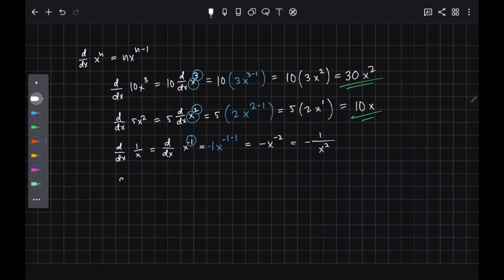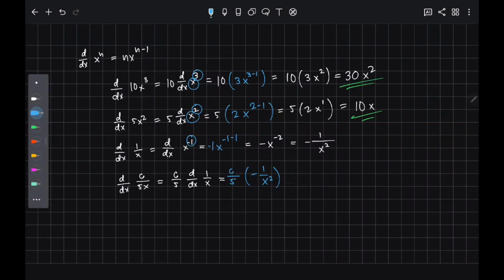If we were to use a different example of the same type, say the derivative of 6 over 5x. Again, let's put out the constant, so 6/5 times the derivative of 1 over x. Now if we copy just what we did up here, we know that the derivative of 1 over x, or x raised to negative 1, is just negative 1 over x squared. So we could write 6/5 times negative 1 over x squared.